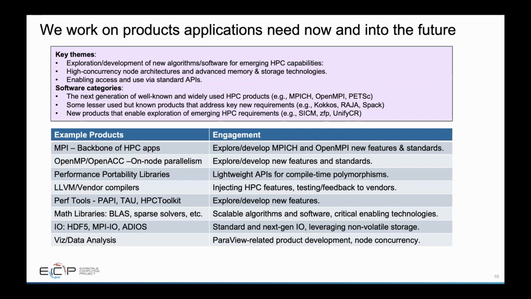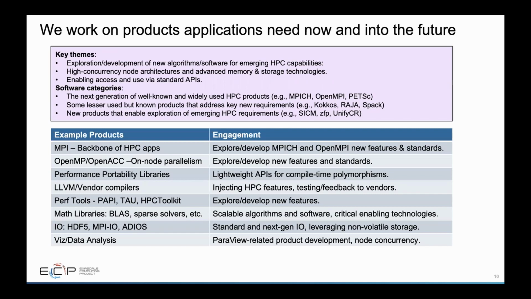We have math libraries such as BLAS, sparse solvers, Trilinos, SUNDIALS, and they provide scalable algorithms and software, enabling solvers to be deployed on your applications in an easy way. We also have I/O libraries such as ADIOS2, HDF5, MPI I/O, and data and visualization products, including ParaView and VisIt.